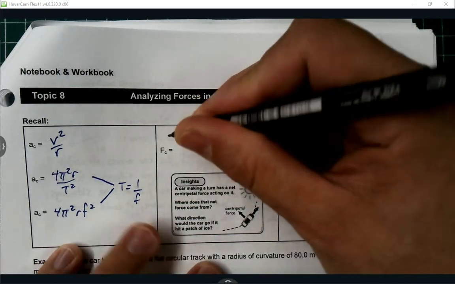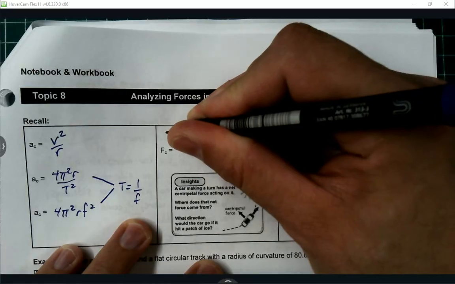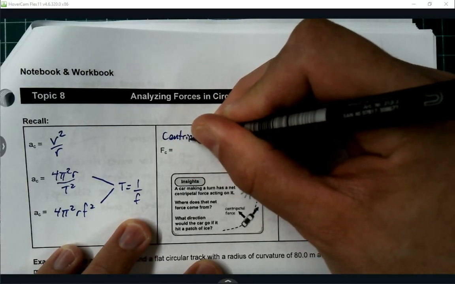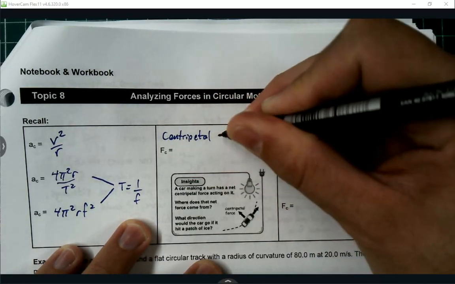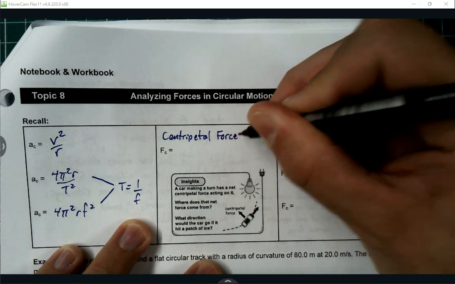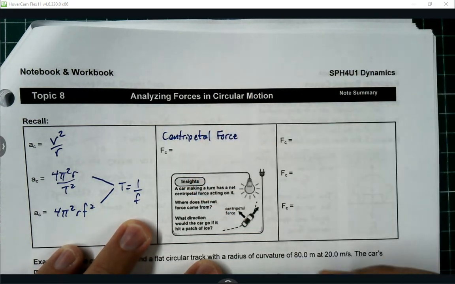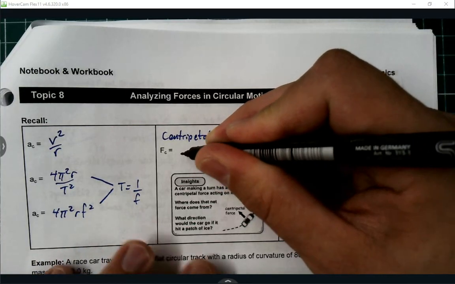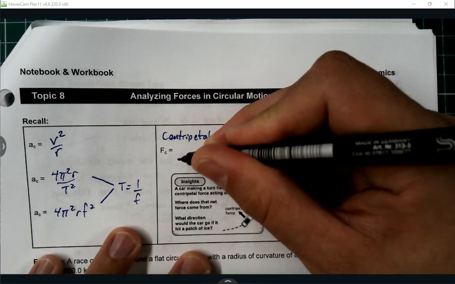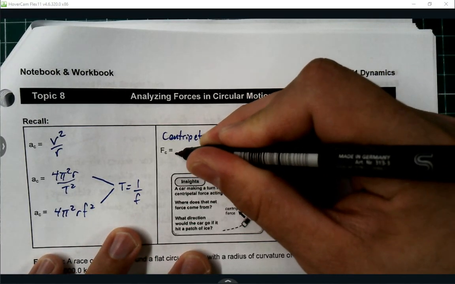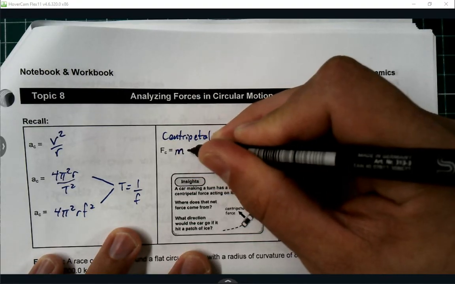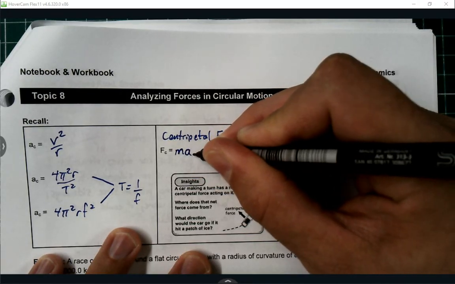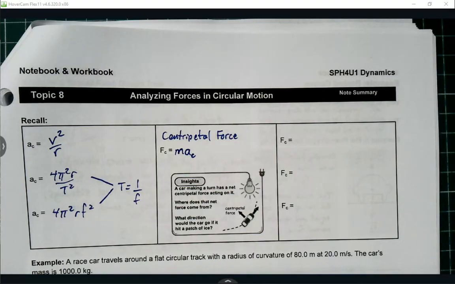But then we have this idea of centripetal force, which is what we're going to focus on today. So centripetal force, again, we may have said this once before, Fc, it really is kind of the equivalent of talking about Newton's second law, but for circular motion. So I'm going to say centripetal force is mass times centripetal acceleration.